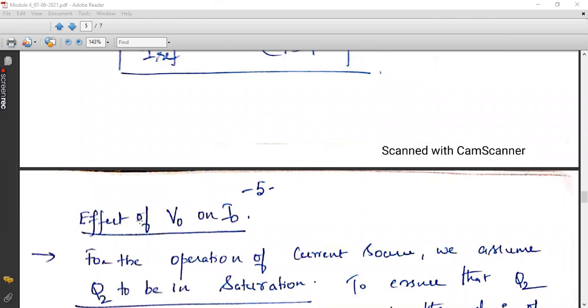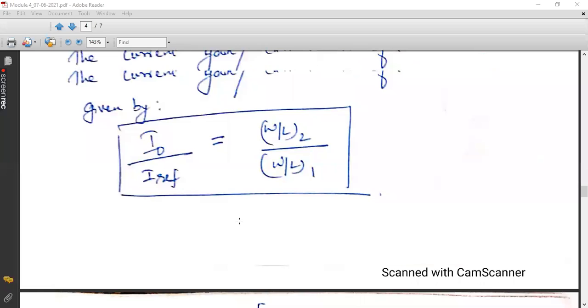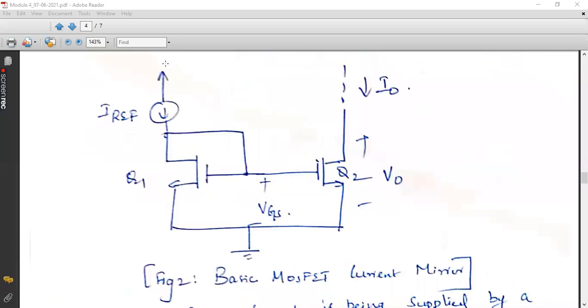So we are going to discuss the effect of V naught on I naught. Understand that I naught is the same as I reference for a mirror circuit, provided the two transistors are identical in terms of their aspect ratios. But even if you are using identical transistors, there is still a scope of changing this I naught. It won't be the same as I ref. There are some practical constraints that affect this I naught.